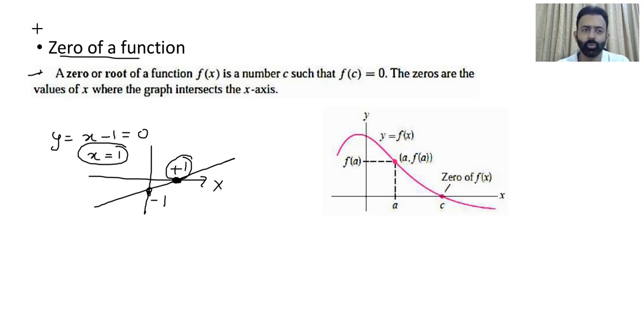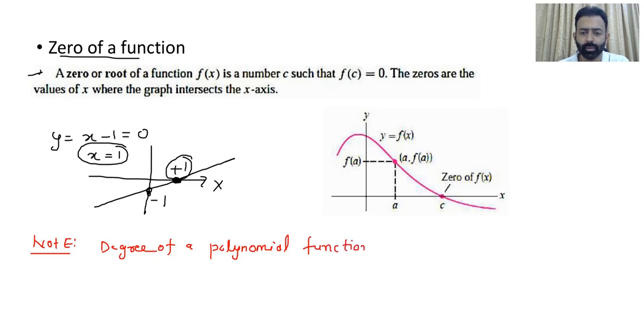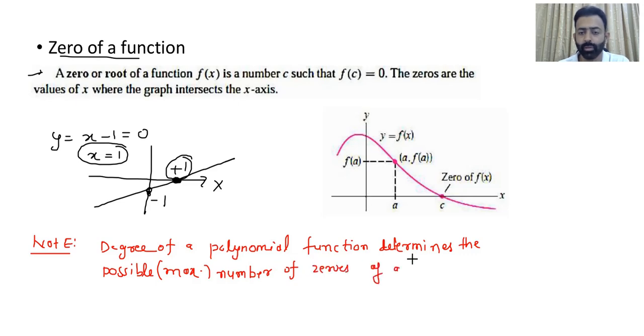Now you may note down: the degree of a polynomial function determines the possible or maximum number of zeros of a function.